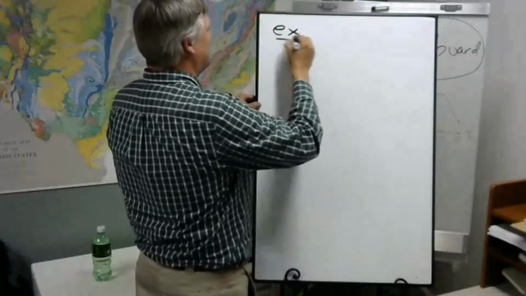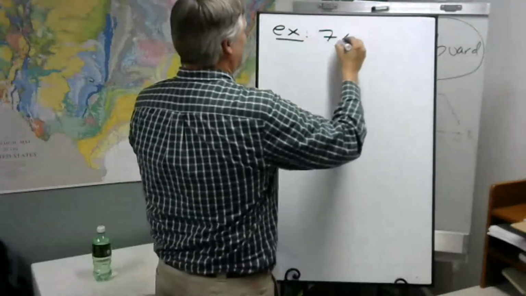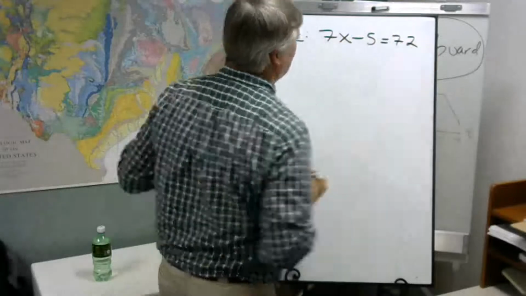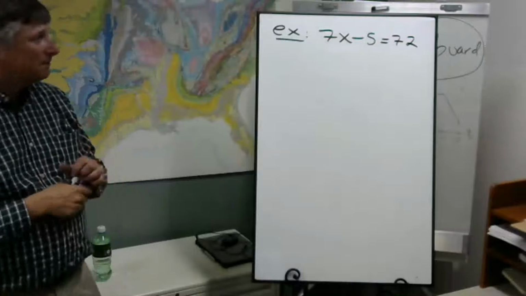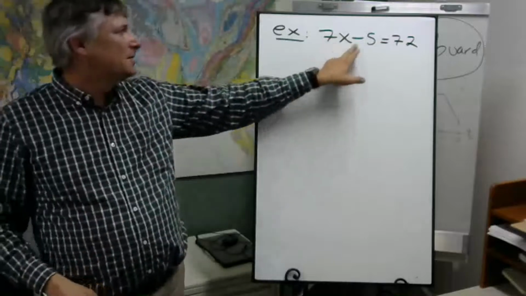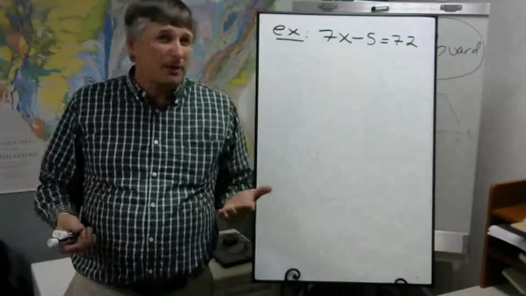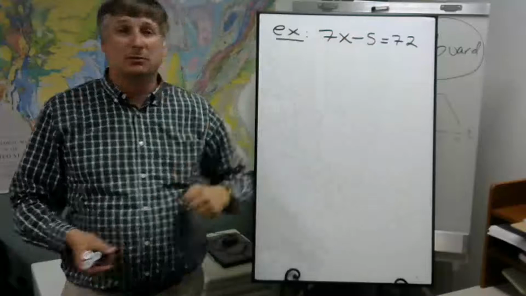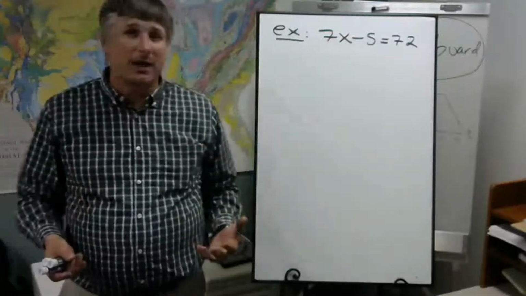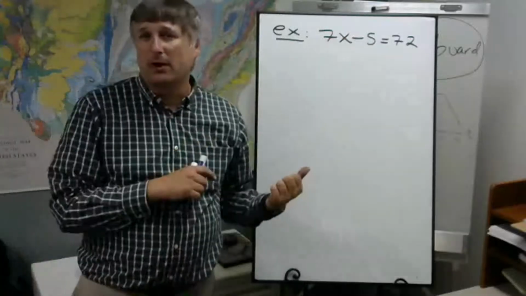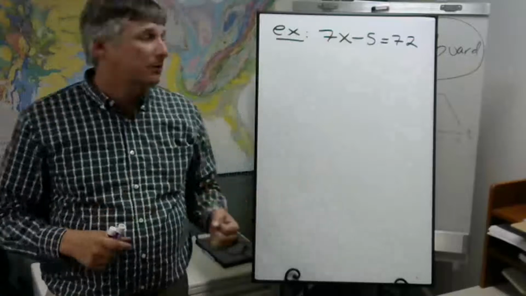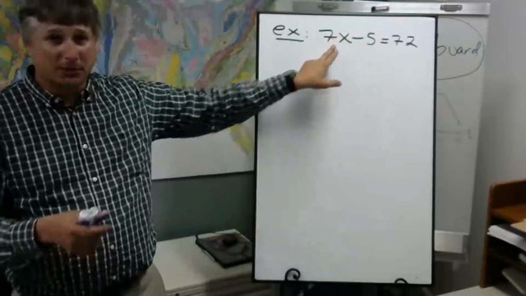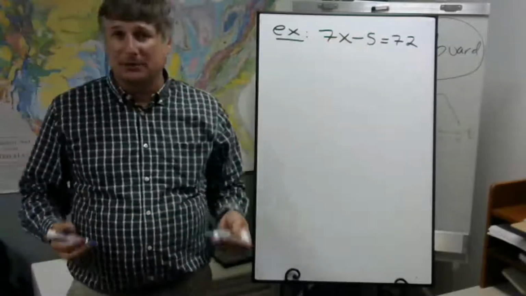So for example, say we have this. There's a multiplication and a subtraction. So by order of operations, if we know what x is, we do the multiplication, and then we do the subtraction. So to solve for x, we're going to go backwards through the order of operations, canceling as we go. We'll cancel the subtraction, and then cancel the multiplication. We use opposites to cancel.